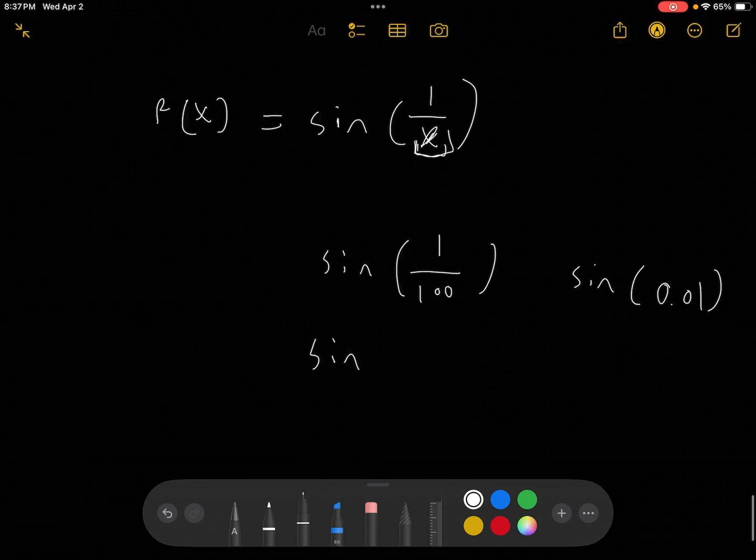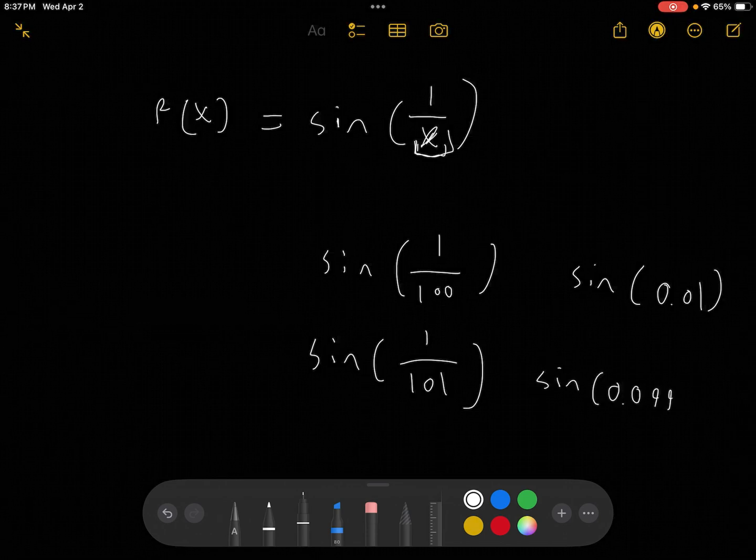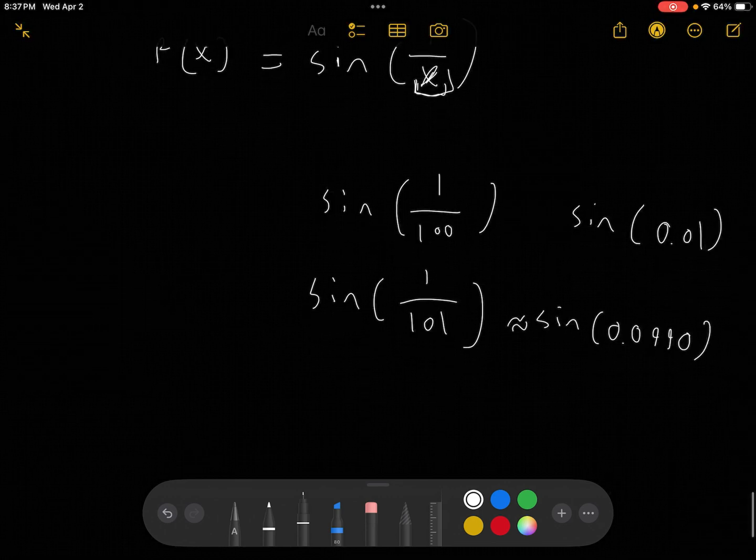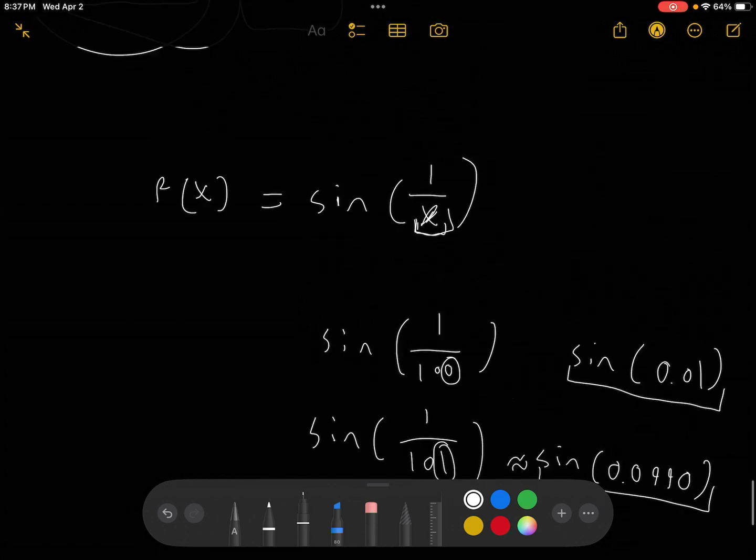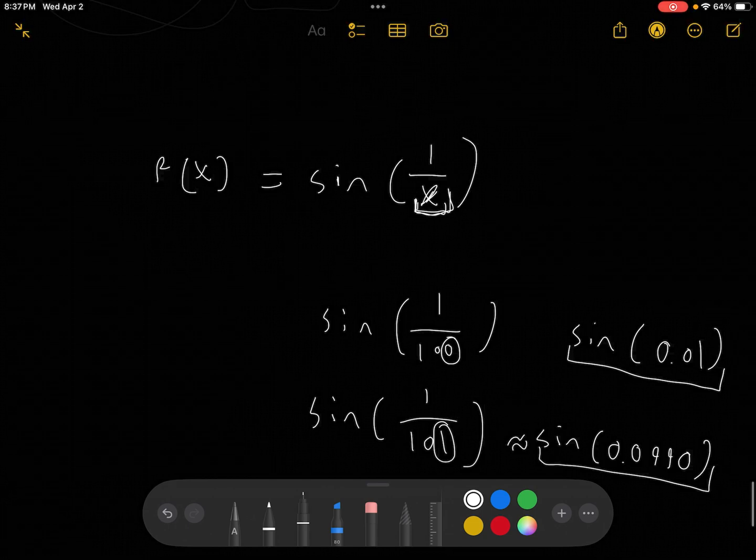And then if we sub in x equals 101, we instead have sine of 1 over 101, but this is equal to sine of 0.0990 approximately. So we see that despite changing the value of x by one whole number, the value of the function barely changed at all.